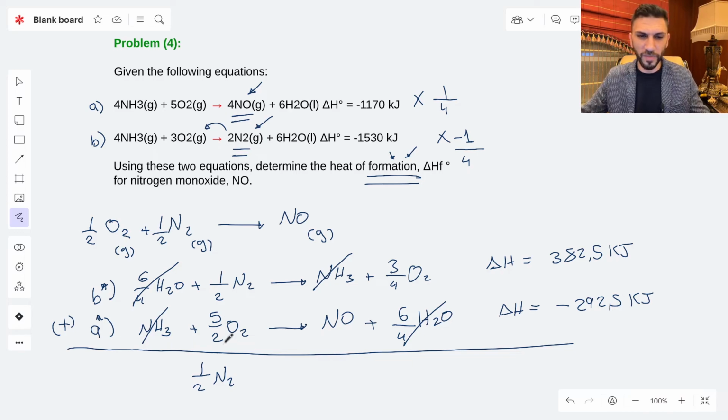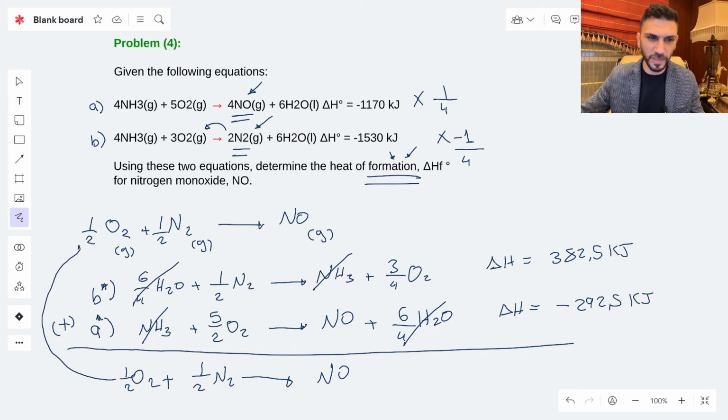O2: 5/2 minus 3/4 will equal half O2. So half N2 plus half O2 yields NO. So it's exactly the desired reaction.